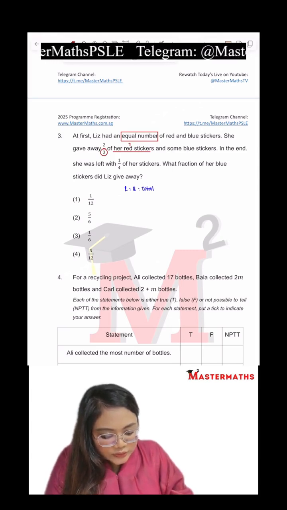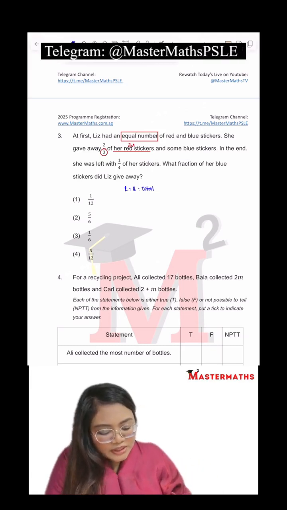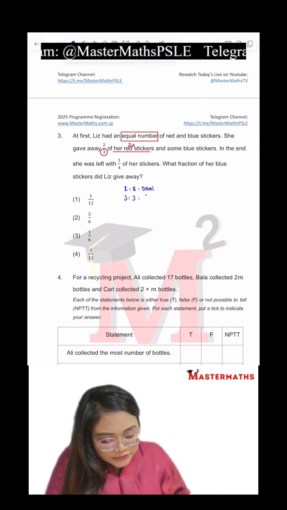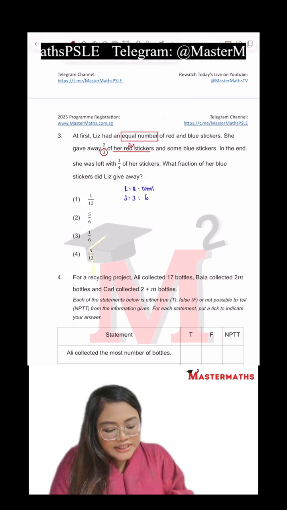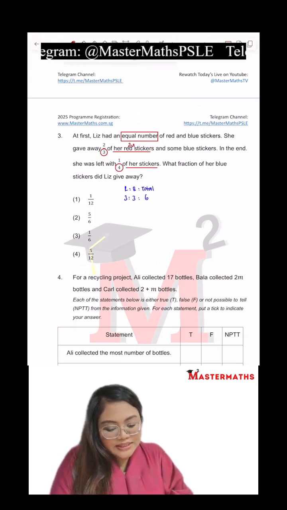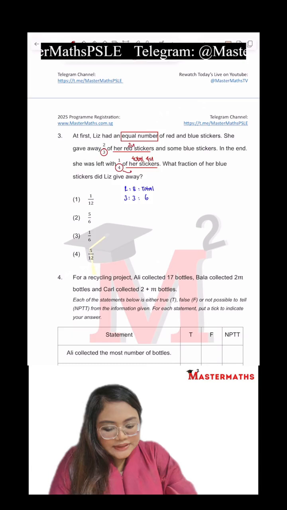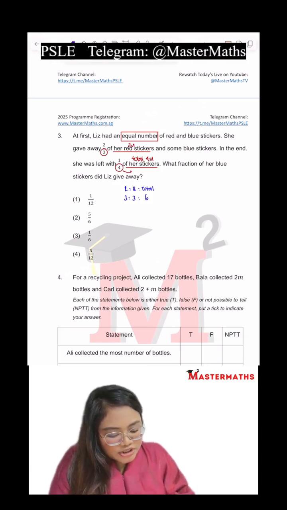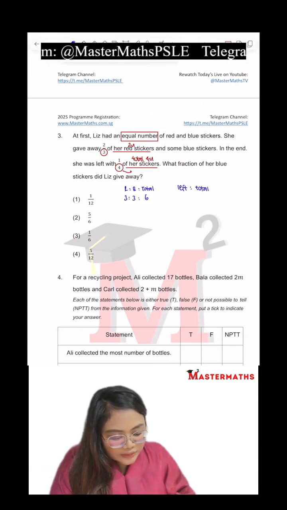Okay, so if I were to show it in ratio form, this will be 3:3:6 because it must be equal. But in the next line, I'm told that 1/4 of her stickers, which means now her stickers total got 4 units. So whatever she has left to the total is now 1:4.